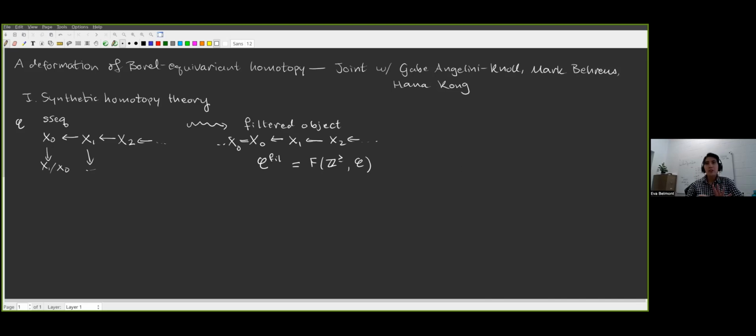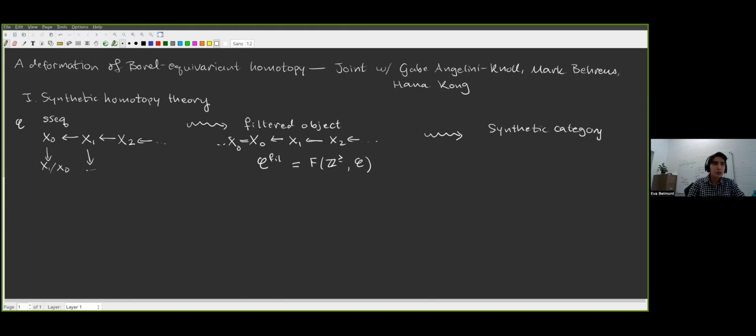Okay, so the setup for synthetic homotopy theory is roughly, how do we produce an interesting context for doing homotopy theory? We start with a spectral sequence, which we're thinking of as an object in this category. And then we're going to produce a new category, which is constructed using the information of the spectral sequence, called a synthetic category.